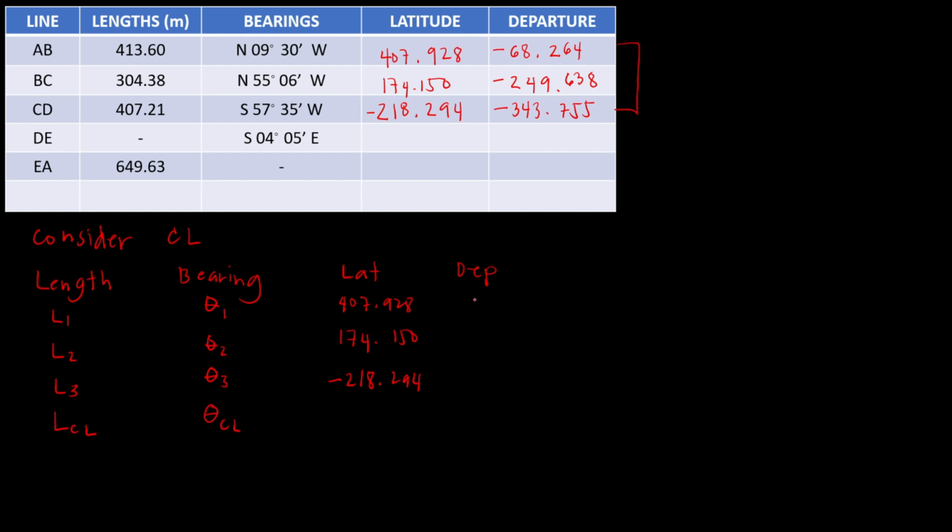And then next is yung departure, negative 68.267, negative 249.638, and then negative 343.755.